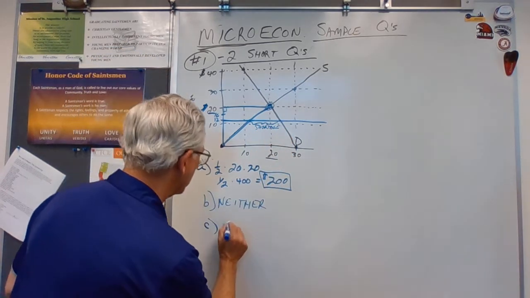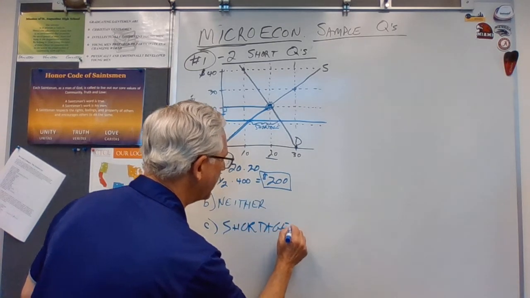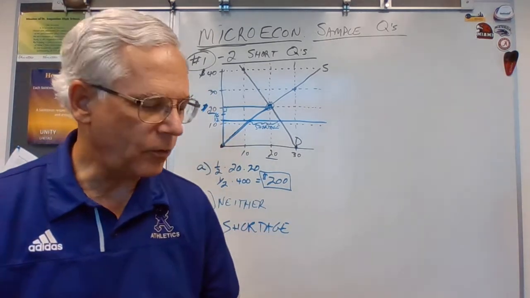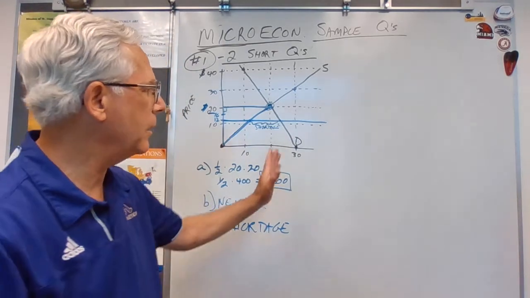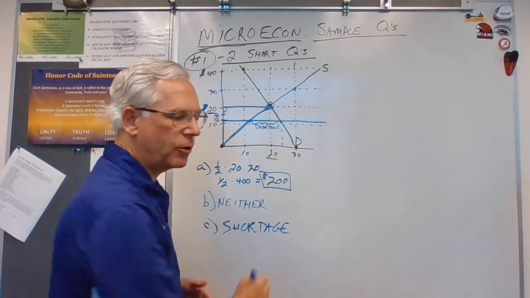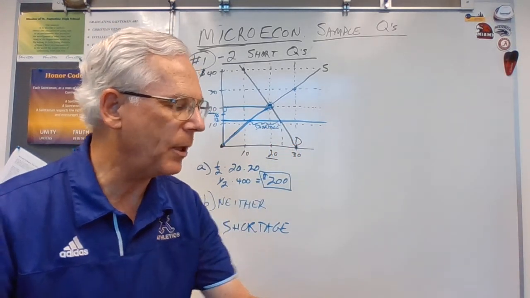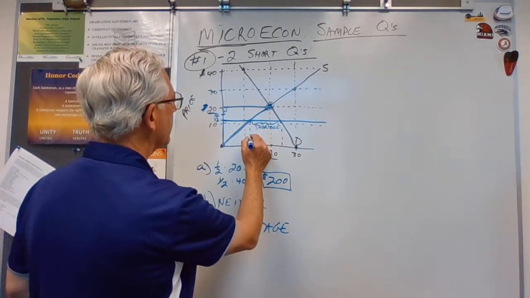And then you have to say why, and you can simply say because quantity demanded is greater than quantity supplied. I think when you actually work this out, the quantity demanded is 24, the quantity supplied is 12.